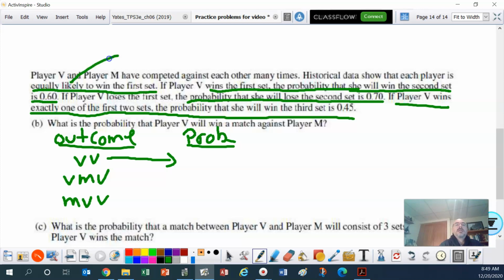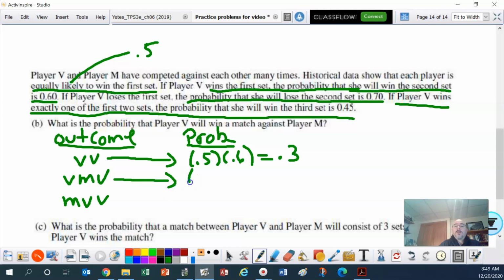Well, equally likely is 50-50. So player V wins the first set, and if she wins the first set, then the chance of winning the second set is 0.6. So the probability of that happening is 0.3. Aha, okay. Think about what I just did.